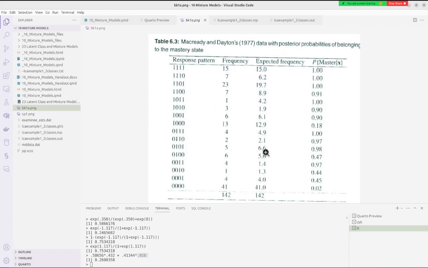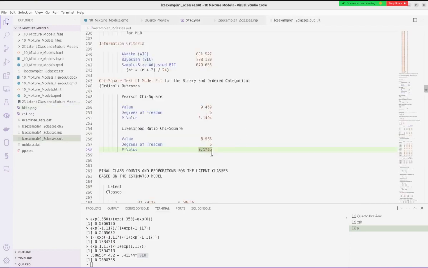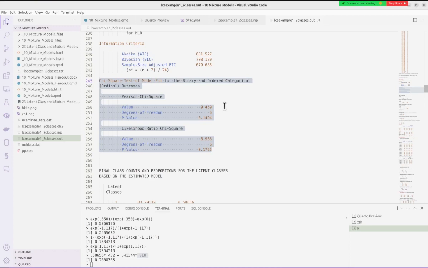If the chi-square is significant, then our expected frequency does not match our observed frequency, and the model does not fit. So here this would tell us the model fits the data. Not bad, right? It should fit. We only have 4 items, but that's what's happening. Questions on that?